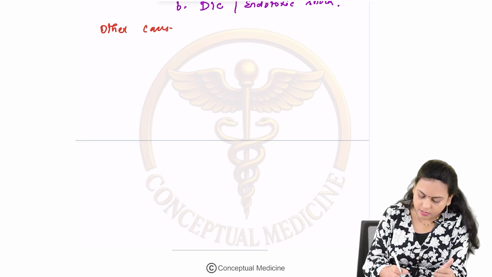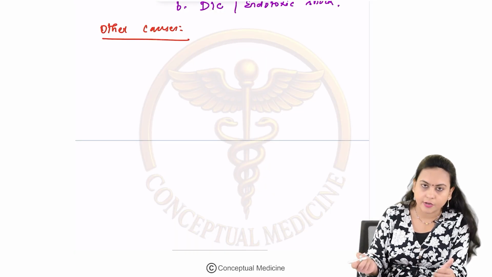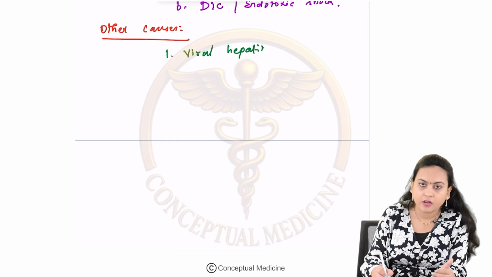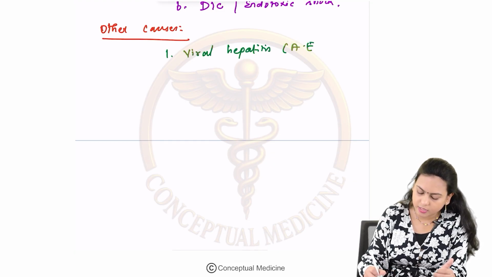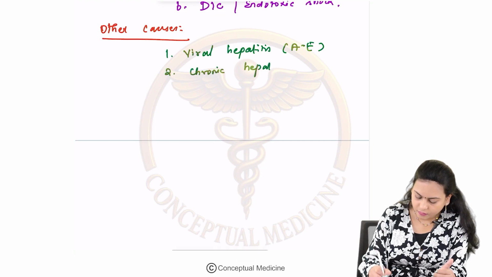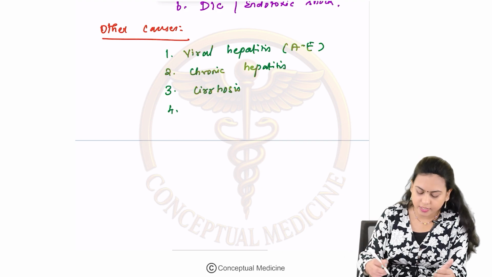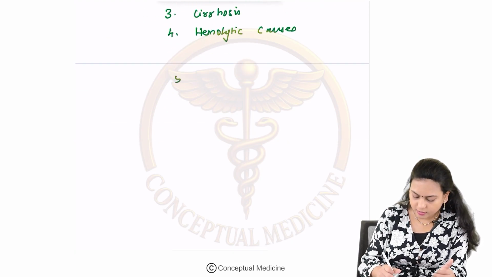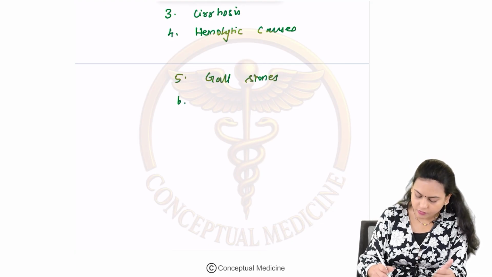So, other causes of jaundice in pregnancy include number 1, viral hepatitis A to E, then chronic hepatitis, then cirrhosis, then hemolytic causes, gallstones, and sometimes it can also arise due to drugs.